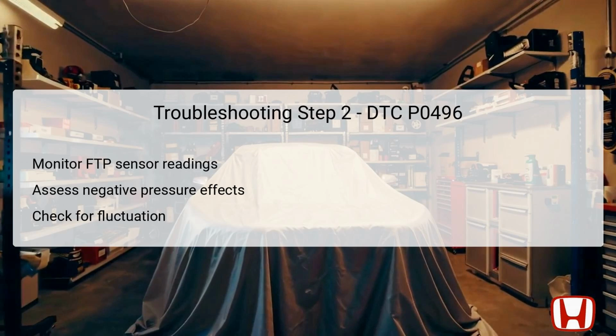If there is no fluctuation detected, the system identifies that the purge flow is not operating correctly, leading to the P0497 code instead. Ensuring that the FTP sensor's performance meets its specifications is vital in diagnosing whether the issue resides with it or the purge valve.